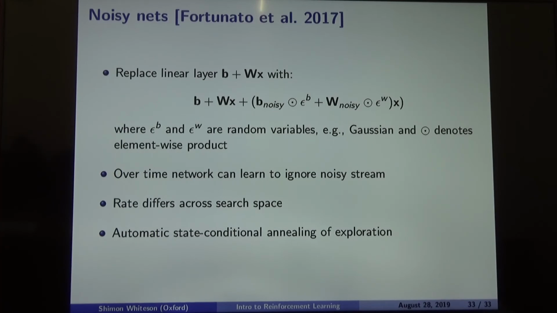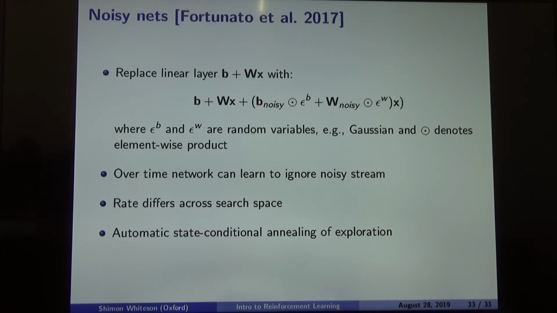Again, this is a case of it not being totally obvious why it works. One story about why it works is that over time, the network can learn to ignore the noisy stream. These parameters can learn to set the noise to 0, and over time it will ignore the noise, and it will perform better once it figures that out.